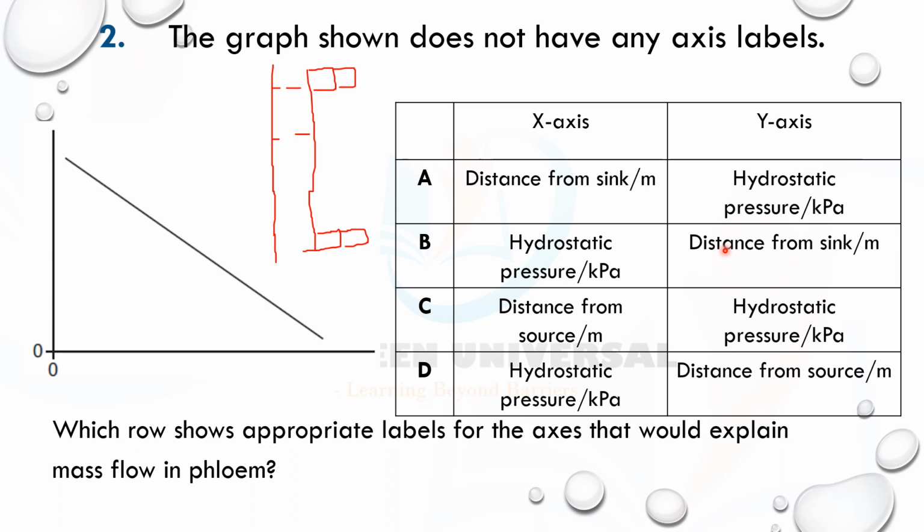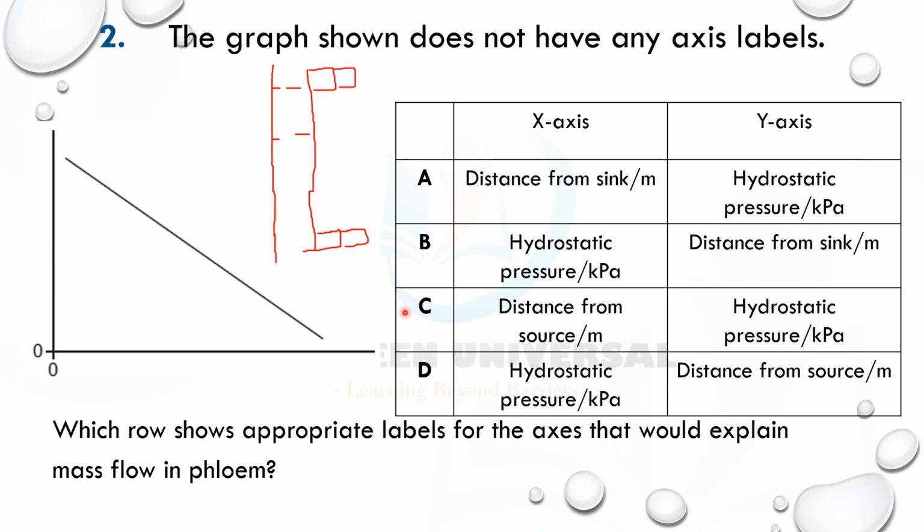Remember that whatever is on the x-axis must be the independent variable, what is affecting the other. Whatever is on the y-axis is what is being affected. Look at it: this is distance from source and hydrostatic pressure. Which one affects which? Does hydrostatic pressure affect distance from source, or does distance from source affect hydrostatic pressure?